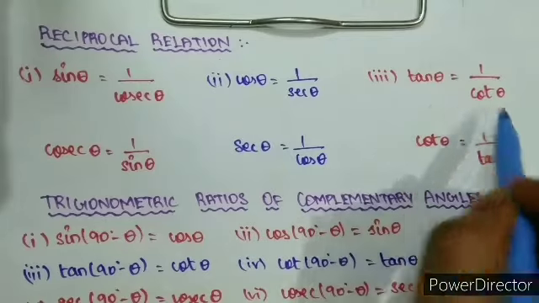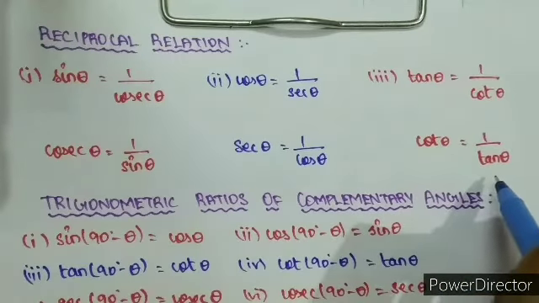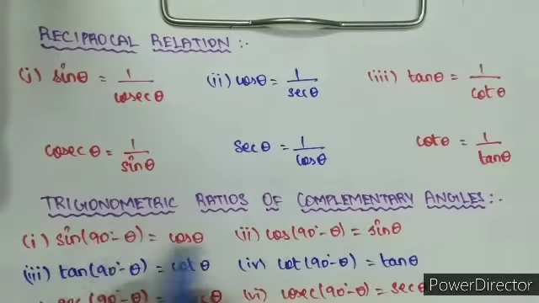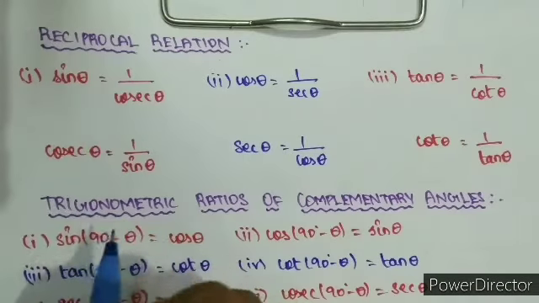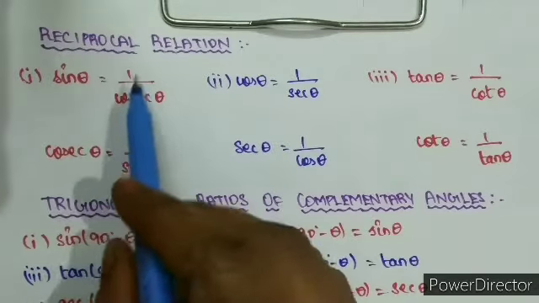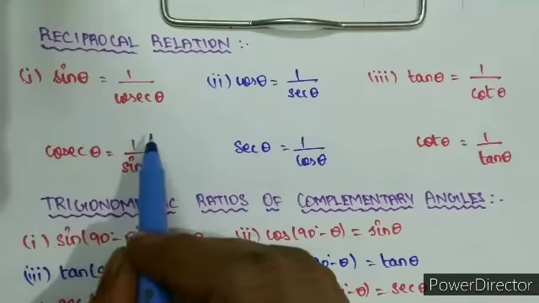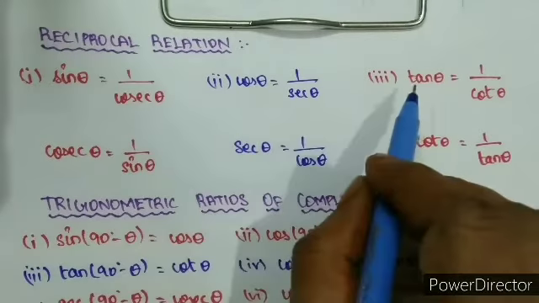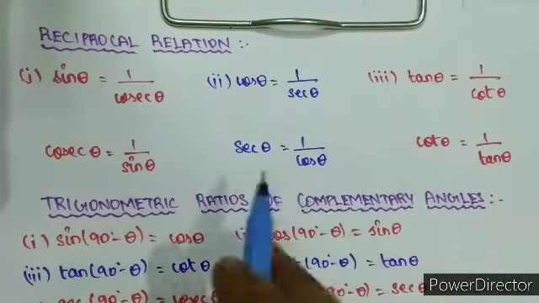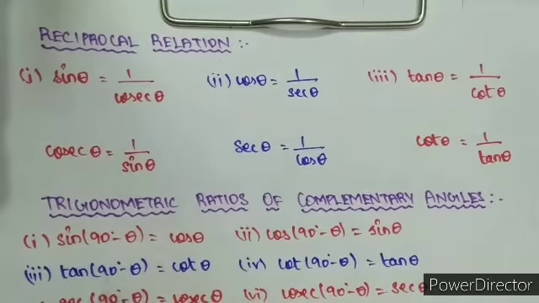Tan theta is equal to 1 by cot theta and cot theta is equal to 1 by tan theta. Once you know one relation, the other is the reciprocal of it. Sin is for cosecant, cos is for secant and tan is for cot. This is the way you can apply the reciprocal relation.